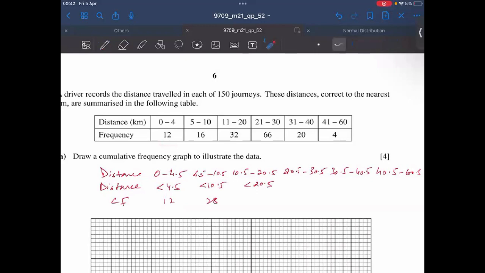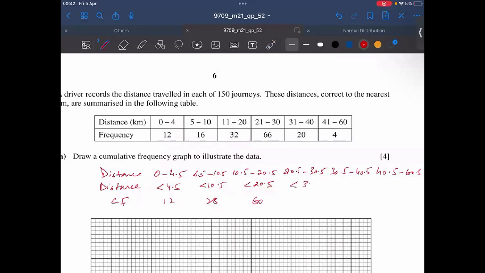So from 0 to 4.5, I have a frequency of 12. That means for distances less than 4.5, I have a cumulative frequency of 12. For distances less than 10.5, I have a cumulative frequency of 12 plus 16, that's 28. For distances less than 20.5, 12 plus 16 plus 32, it's going to be 60.